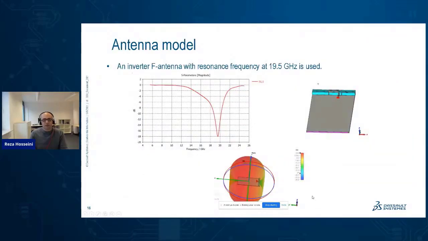The antenna model that I used in cases that I had antenna as excitation, I used the inverted F antenna with a resonant frequency at 19.5 gigahertz, so more or less at the same frequency that our FSS would be transparent, and with almost homogeneous isotropic radiation.